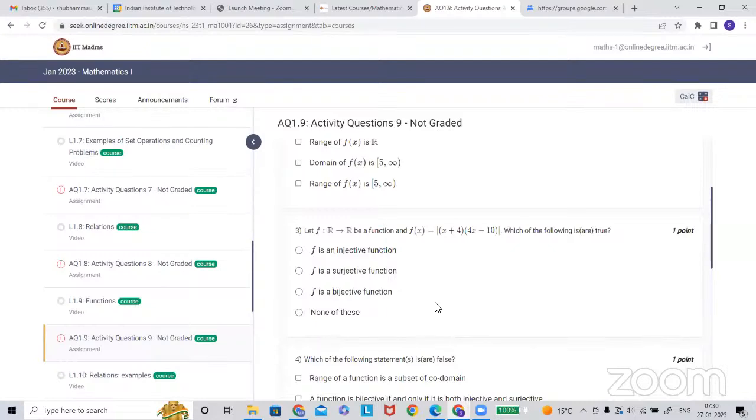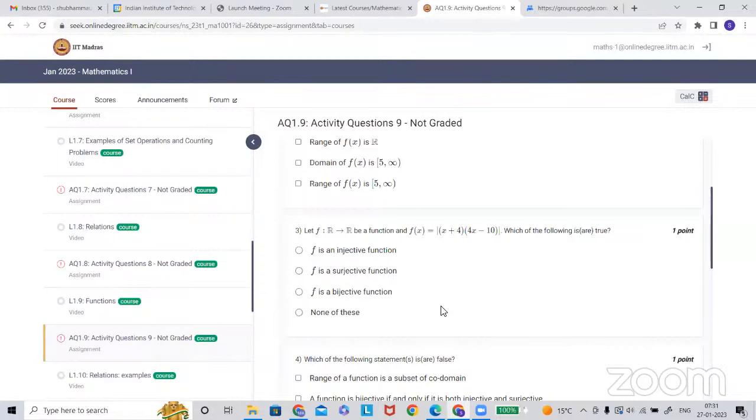Anyone can unmute yourself. Yeah, sir, I'm able to solve it. Okay, so how will you solve this? Sir, we know that the graph of mod is like a V. When we draw a horizontal line, it cuts the graph at many points, so it is not one-one.